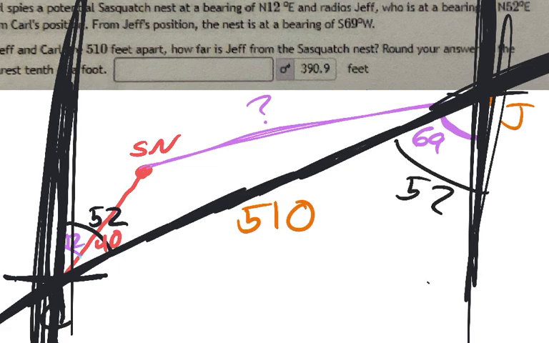Which means this angle is 69. So this little angle would be 69 minus 52, which is 17.